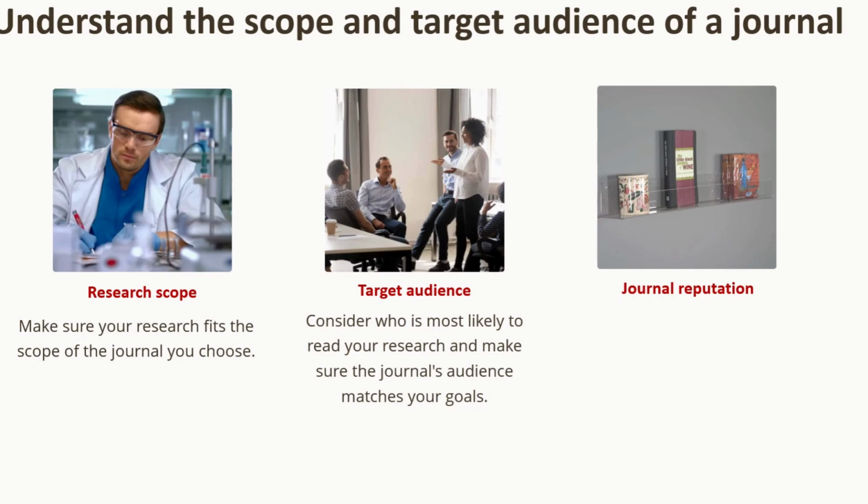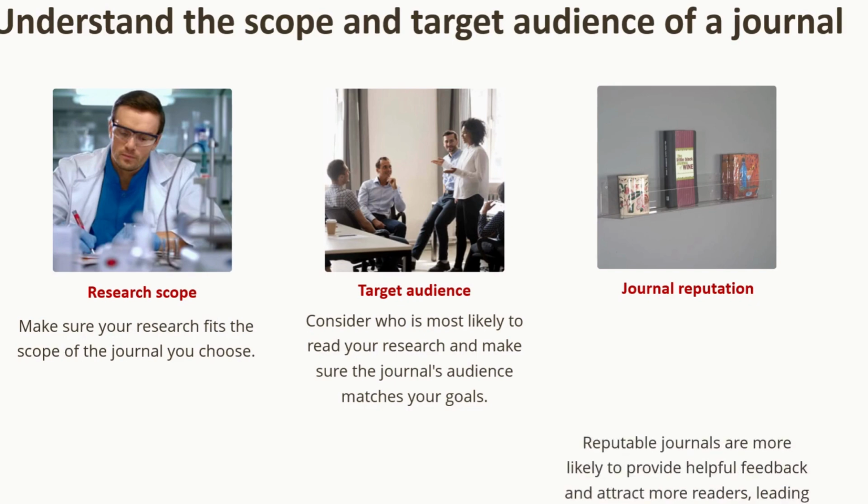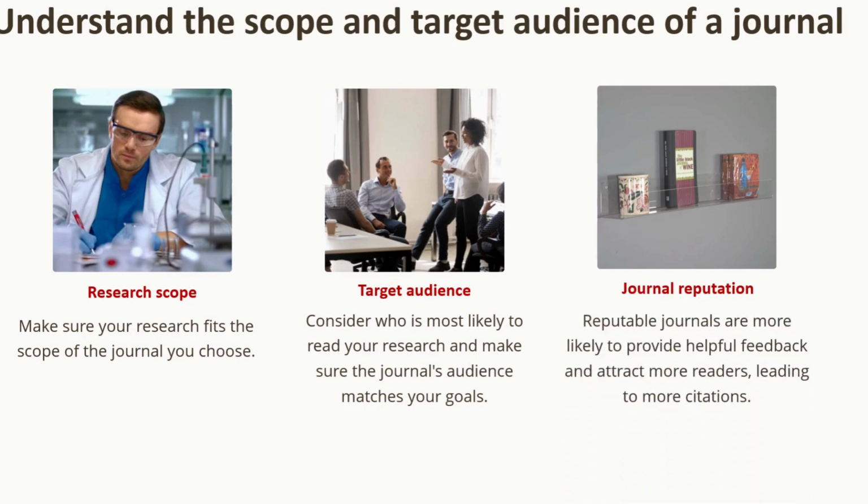Another important thing is journal reputation and the impact factor. Is the journal Scopus indexed? Sometimes the journal may not be of good quality, and everything you submit seems to go well, and you feel that yes, I have published the paper.